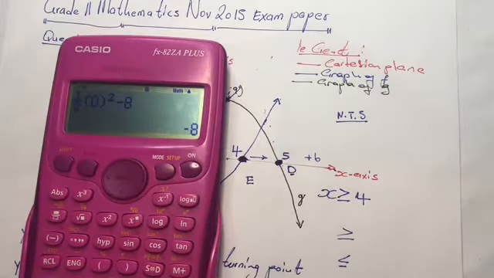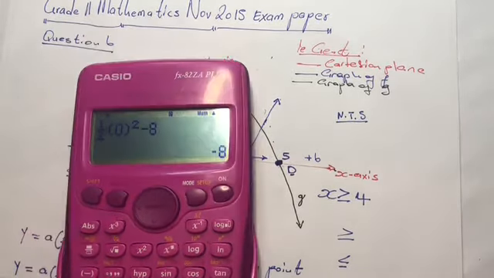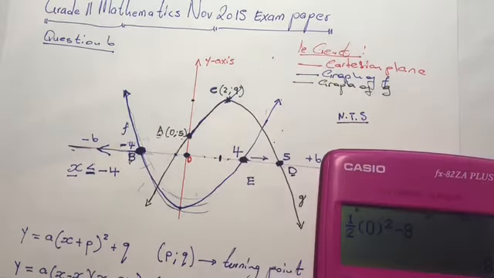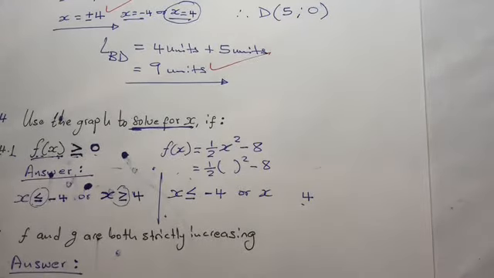In case you're not able to see it clearly, I'm sure you can try to punch that on your calculator and see the values that you get. So I hope now you probably have a better understanding of how to approach or answer this type of question.